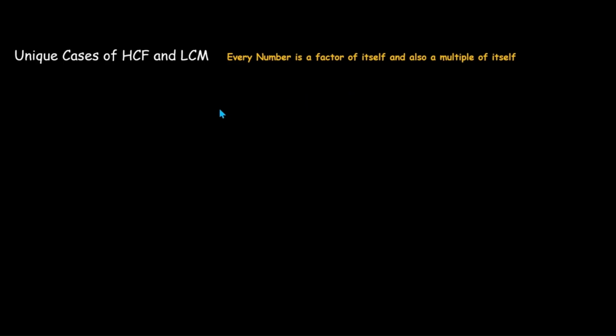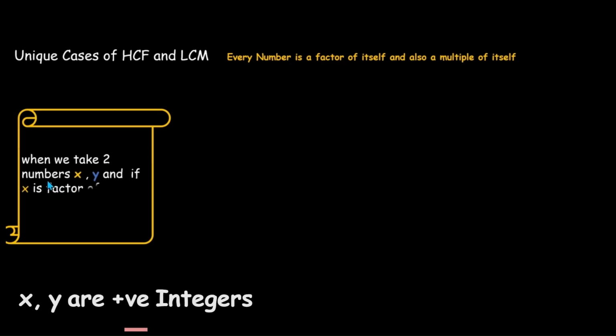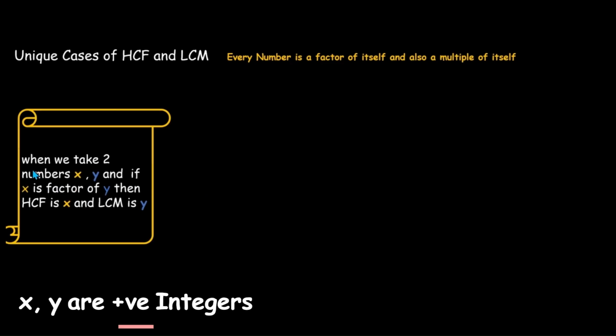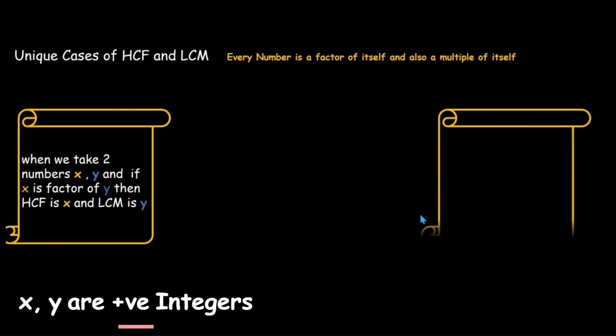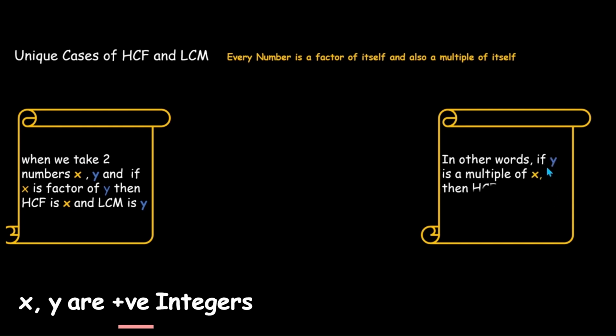So with that in mind, let's take two numbers, x and y, and if x happens to be a factor of y, then HCF is x and LCM is y. Said in other words, if y is a multiple of x, then HCF is x and LCM is y.